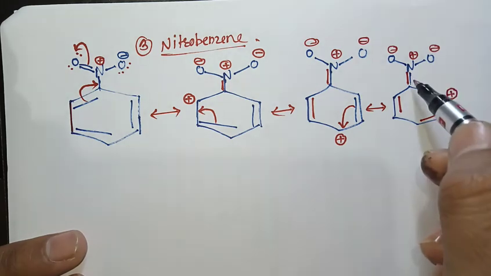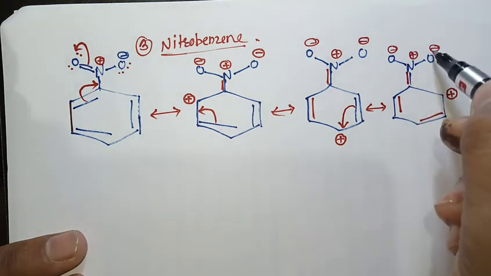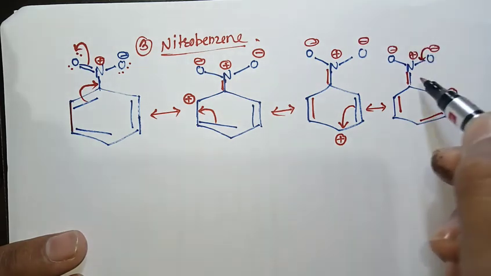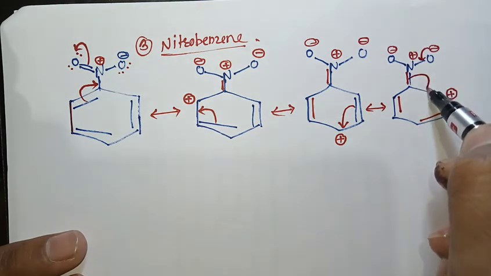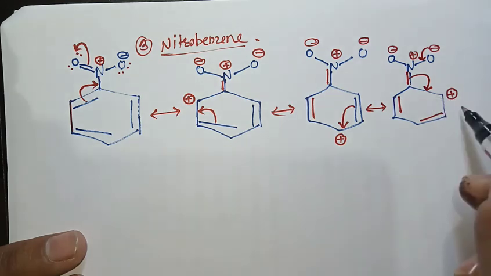Now again what happens, this pi bond goes here. Before that, this negative charge shifted over here, and this pi bond shifted over here, carbon 1 carbon 6, and forms a new bond here.